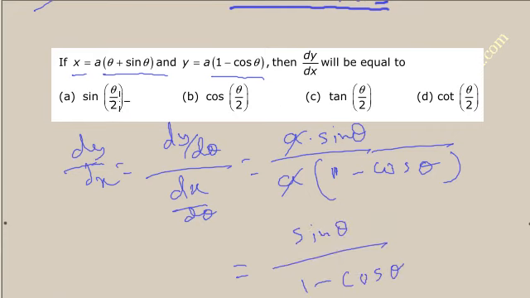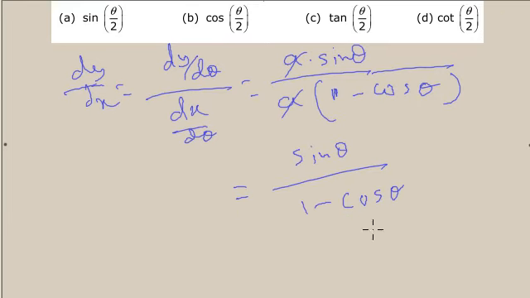Here you see the answer is in terms of theta by 2. That means you are required to write it in another form. So sin theta, you can write as twice sin theta by 2 into cos theta by 2. You know this from the trigonometric formula.